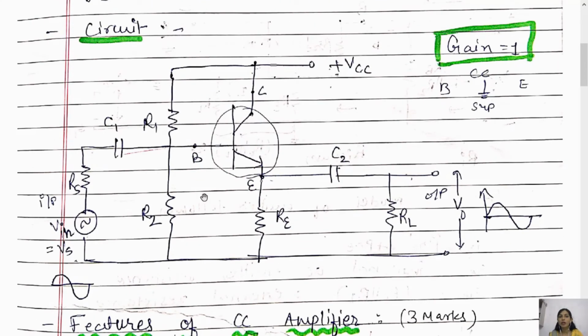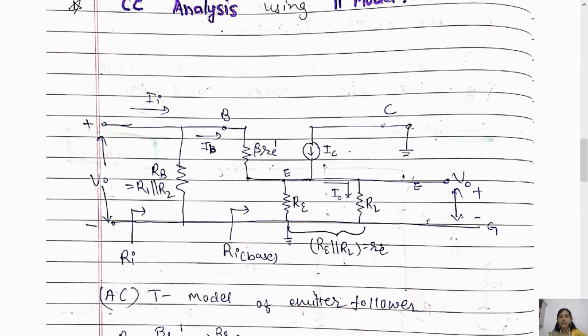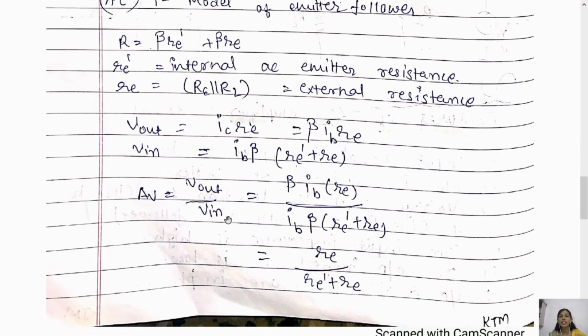Input is applied through C1 and source resistance to the base terminal, and output is taken from the emitter. So collector is common. This is the common collector DC circuit and this is the common collector AC equivalent circuit, and from the equivalent circuit we have derived the voltage gain formula.